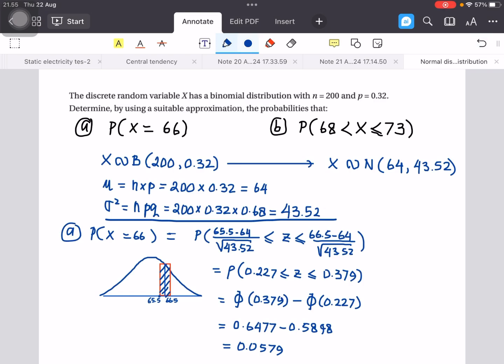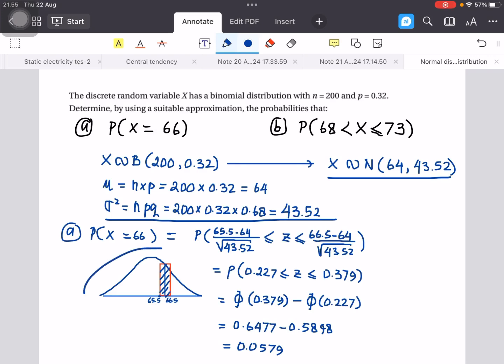So now we can use a normal distribution in which the mean is 64 and the variance is 43.52. For part A, we are asked to find probability X is equal to 66.